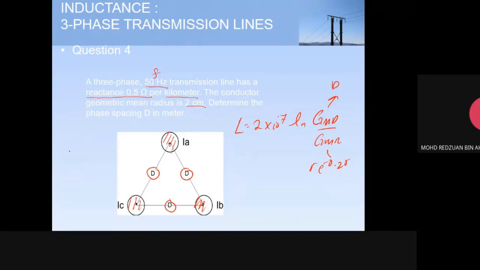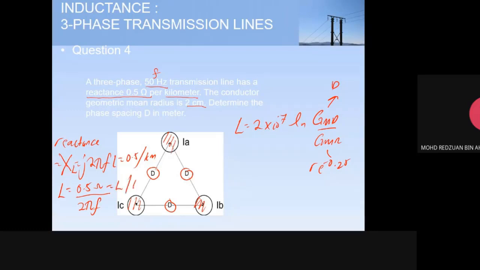This has a reactance. Reactance is XL, equal to j2 pi FL, equal to 0.5 ohm per kilometer. So you have to find the L. How to find the L value? 0.5 ohms over 2 pi F. Then you will get L per kilometer.